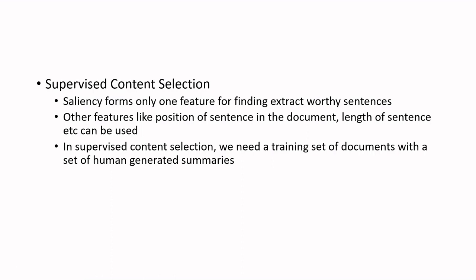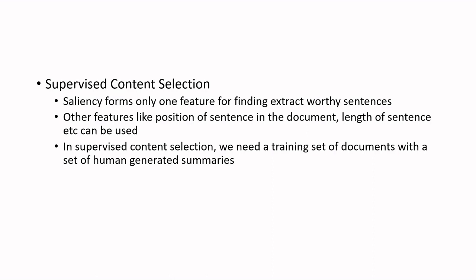So in the case of a supervised method, there will be some training data. That is, supervised always means you have a teacher involved. The teacher, in the case we're talking about, is data where you have a large corpus involved, and the classification label, whether it is extract-worthy or not, will also be given.